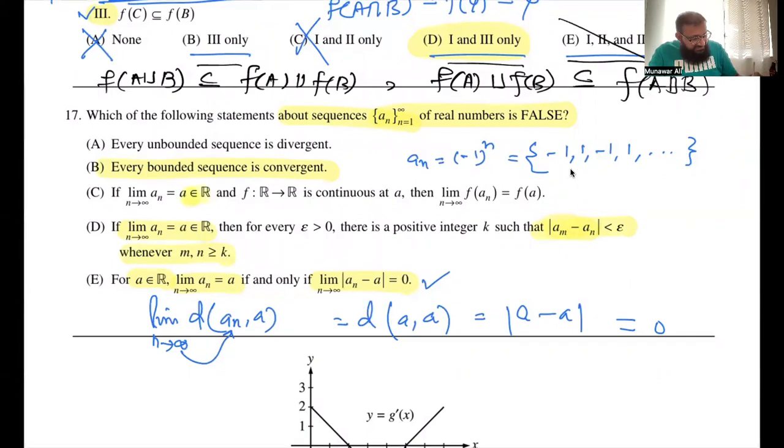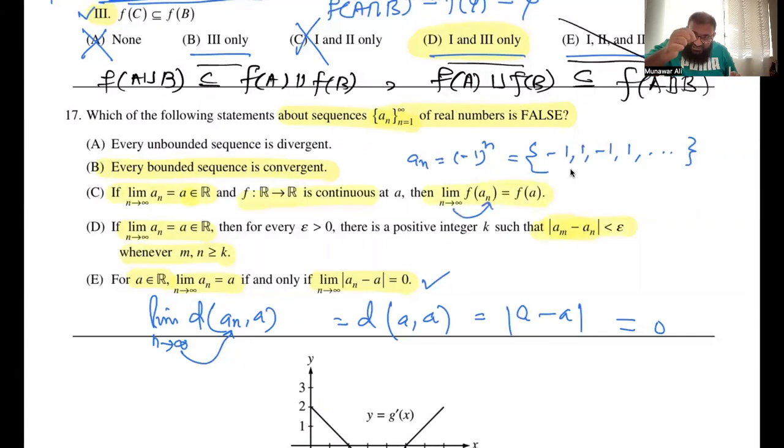And C says the limit of a sequence is A, which means the sequence is convergent simply. And if f is a continuous function, then this happens: if you take the limit as n tends to infinity of f of a_n, it is the same as f of A. In other words, you can take this limit inside if the function is continuous.